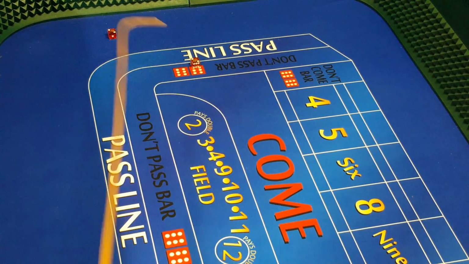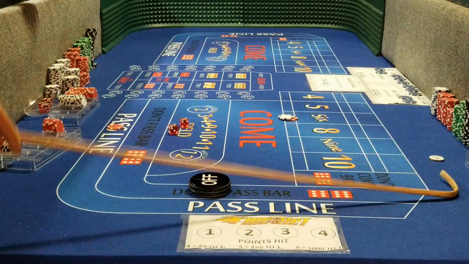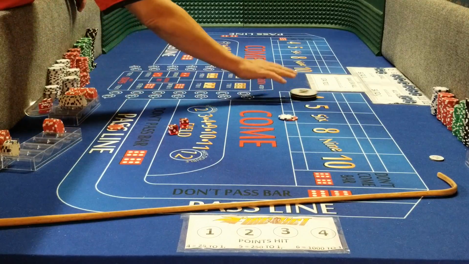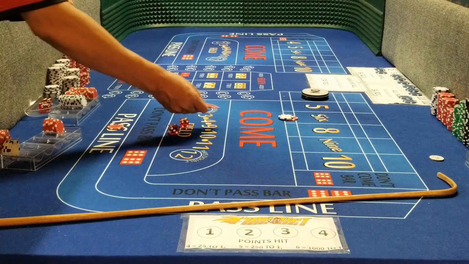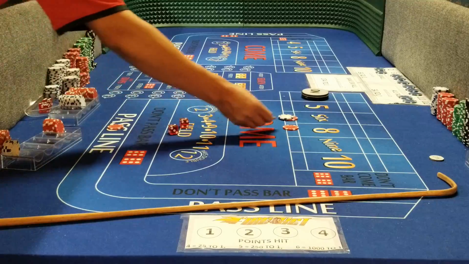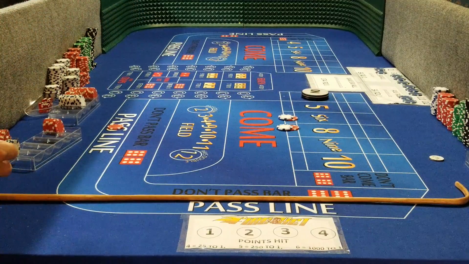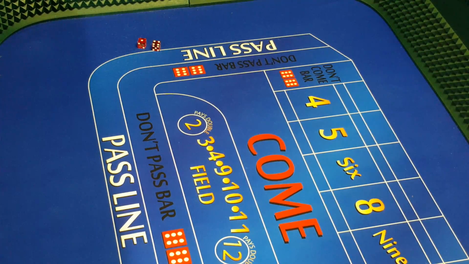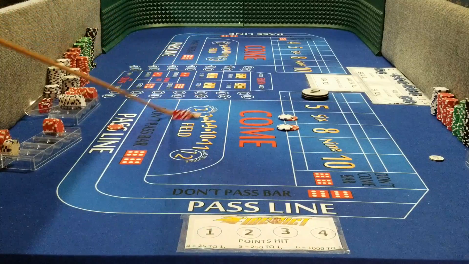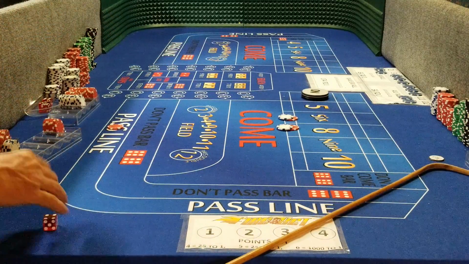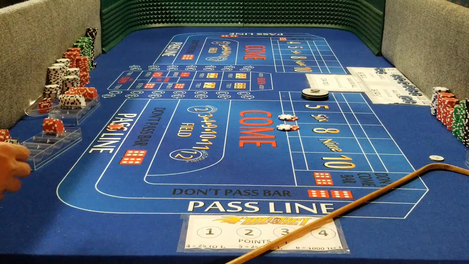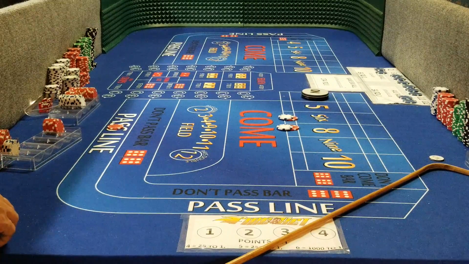Point is a 4. Okay, so now we're just hoping to hit the ones that are the most common, the 6 and 8s, because we're kind of in rough shape to hit our point as far as the odds go.